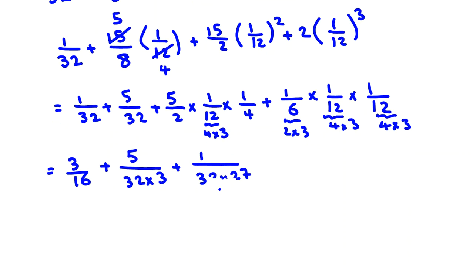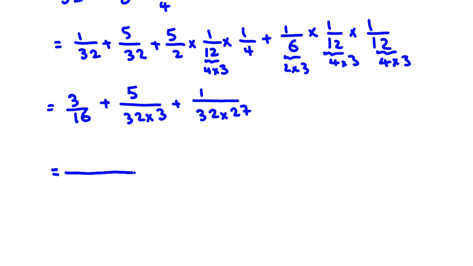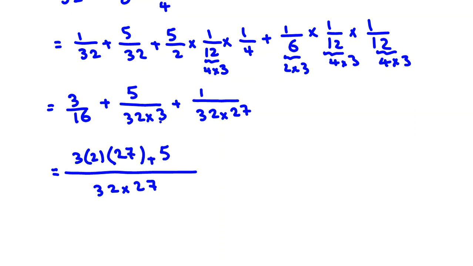Now, if we want to use a common denominator, we say 32 times 27. Because it is 16, you should multiply by 2 to get 32, and times 27. And plus what? 5 times 32. We have 3 here, 27, 9. Plus 32, 27, 1.